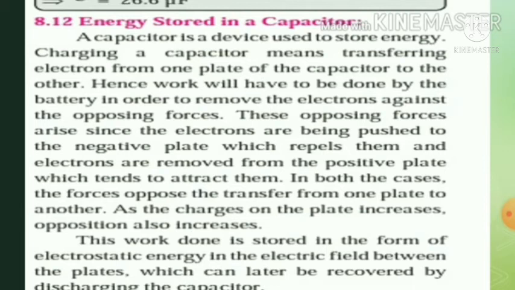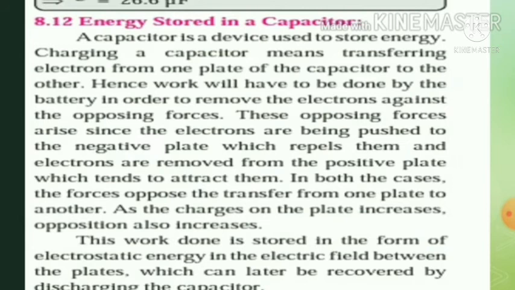As the charges on the plate increase, the opposing forces also increase. Whenever the supply of charge to the plate is increased, there is an increase in the opposition of the forces between the first and second plate.